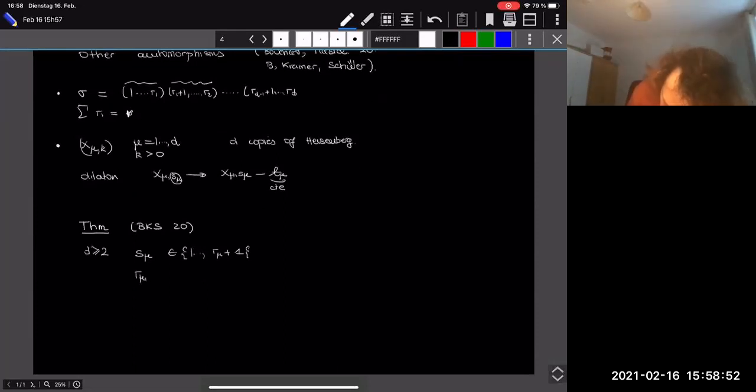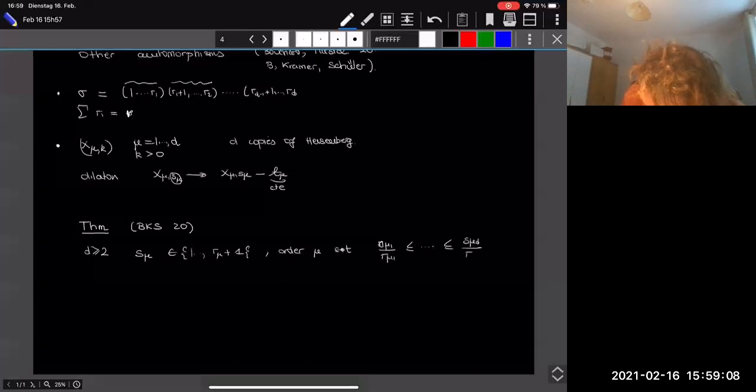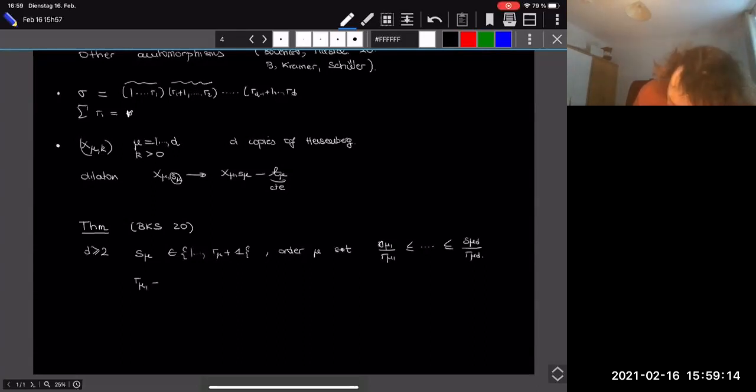Then you can always order the mu such that S mu 1 over R mu 1 is smaller than S mu D over R mu D. And then there's some congruence conditions. So the first R in this order must be congruent to -1 modulo S mu 1.